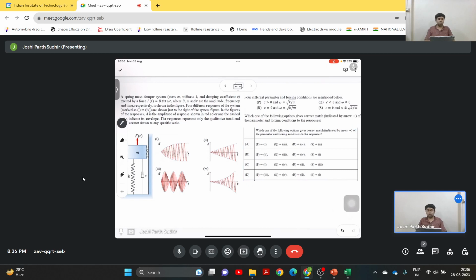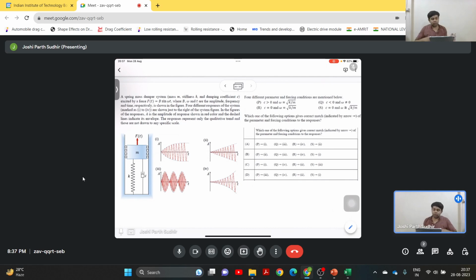For the first parameter set, the damping coefficient C is greater than 0, and the forcing frequency is equal to root k by m, so it is operating at resonance.